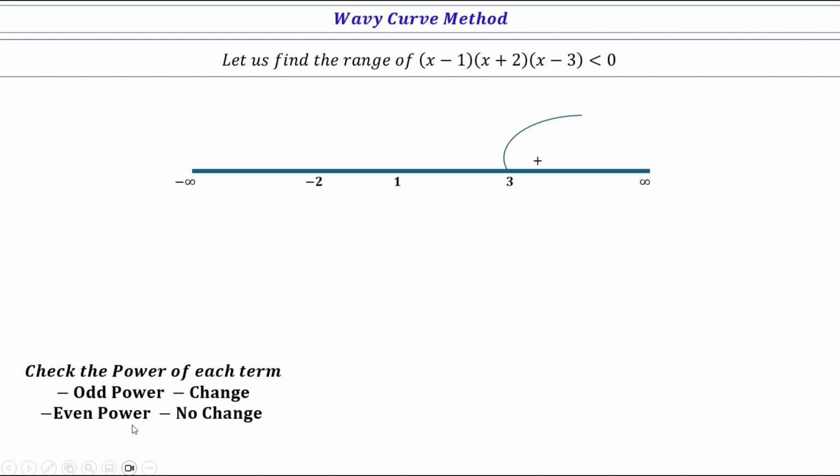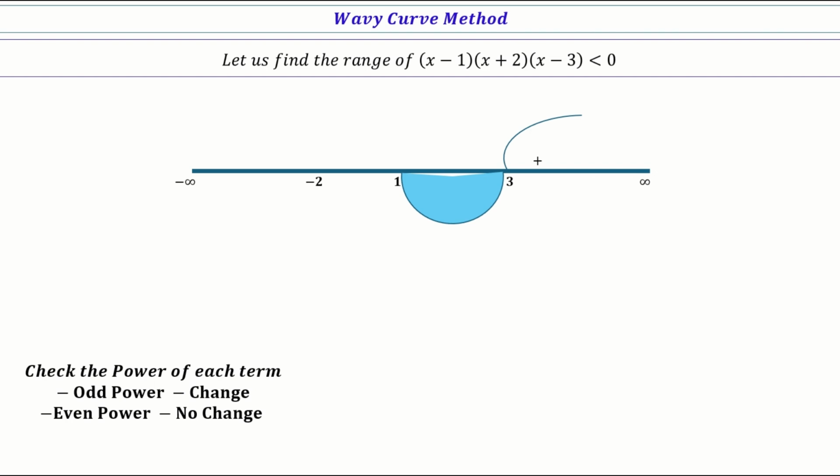If the power of the term is even, then don't change the direction of the curve. Right now the curve is on the top. Since this is an odd number, (x minus 3) to the power 1, and 1 is odd, you change the direction of the curve and take it to the bottom. So it will become like this, bottom.